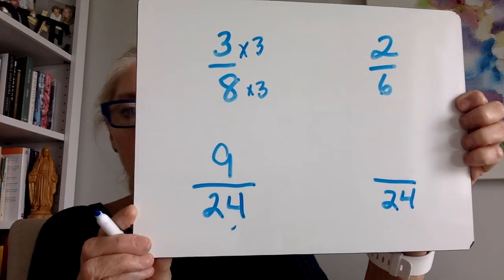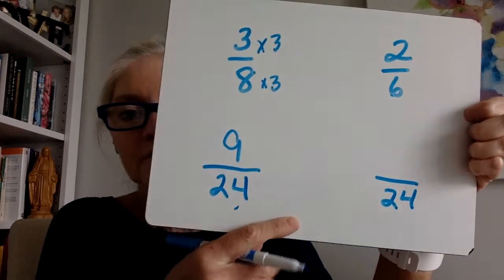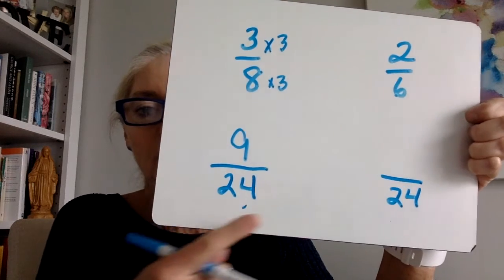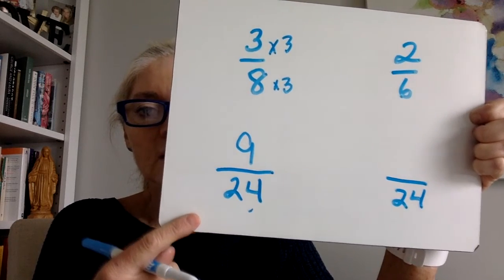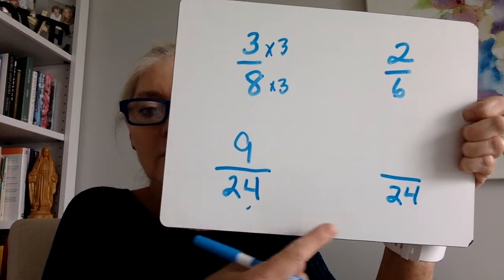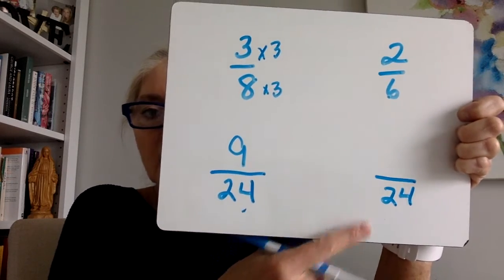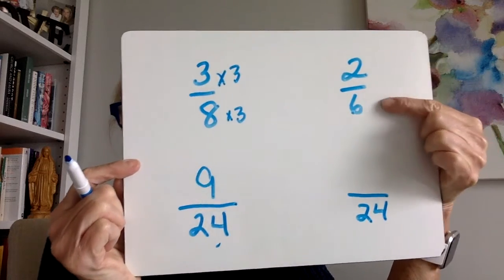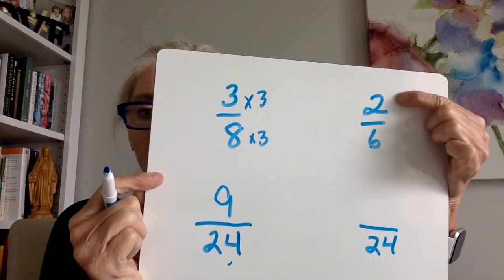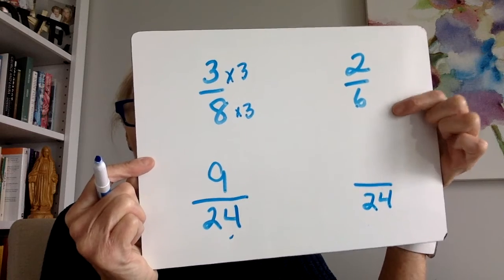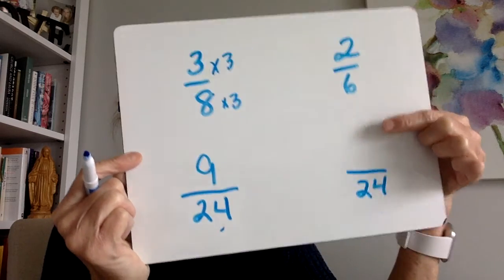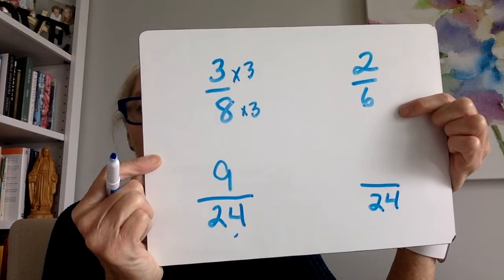Let's do the same thing on the other side. Step 1, find a number they will both times into. Step 2, make that number your new denominator. I did that. Step 3, multiply your denominator and your numerator by the same number. How did I multiply 6 to get 24? I multiplied it by 4.